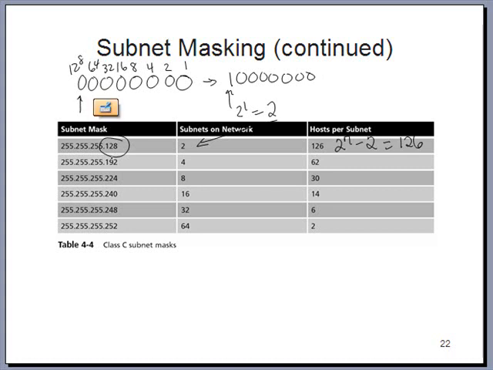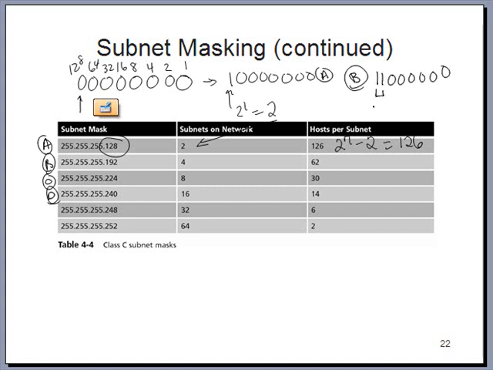All right, let's take a look at the next one. We're going to put a 1 right in this location. So let's label this A, B, C, D. This one is A. Let's look at B. B is going to be 1, 1, and then I'm going to have 6 zeros: 1, 2, 3, 4, 5, 6.